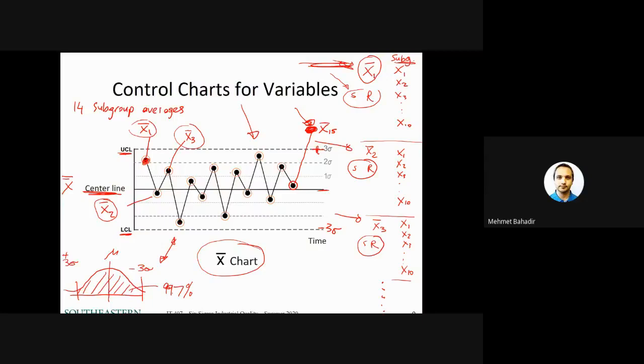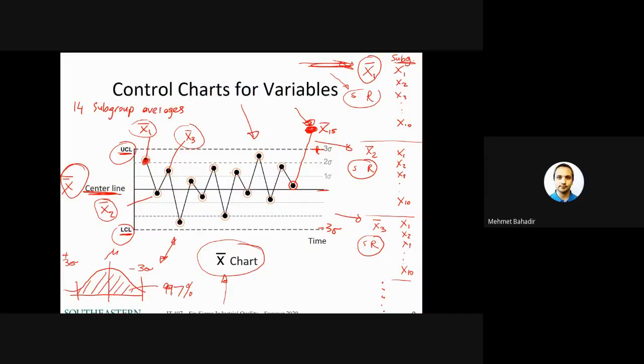All right. So we have a variable control chart, which is an X bar chart that represents the subgroup averages. From subgroup averages, we calculate the X double bar, and we calculate the upper control limits and lower control limits. We can easily calculate them, and we place our subgroup averages X bar 1, X bar 2, X bar 3, X bar 4, and then we try to identify patterns or outside the control limit points.